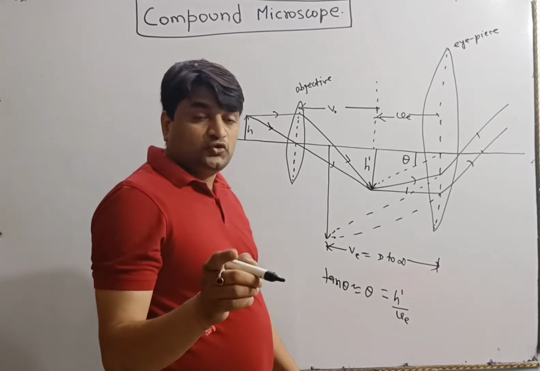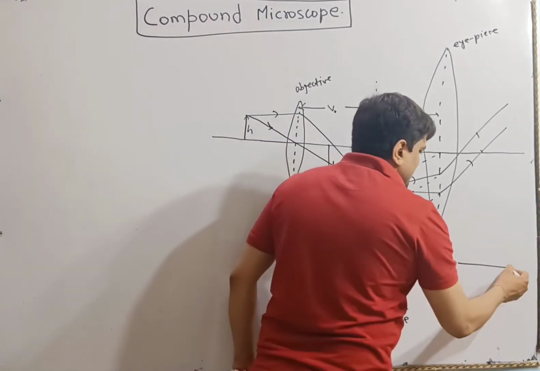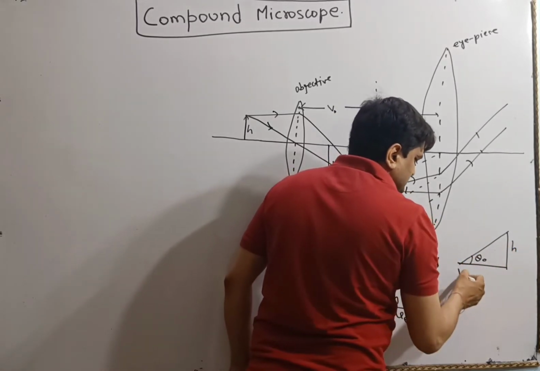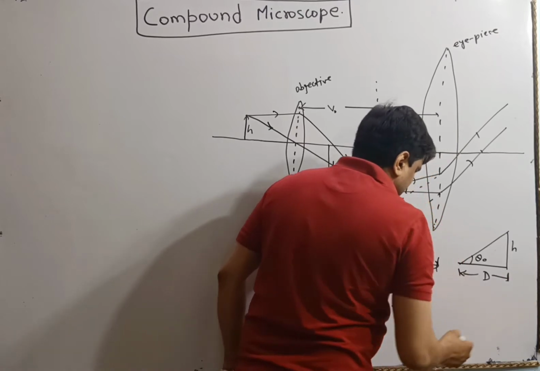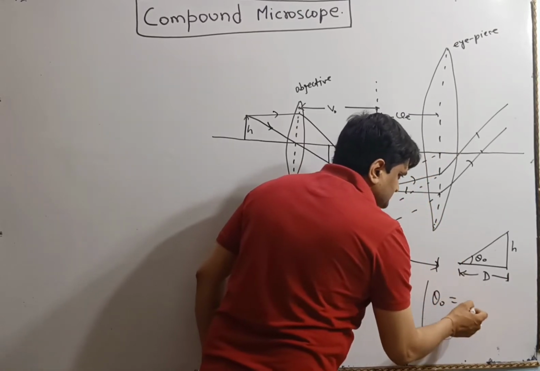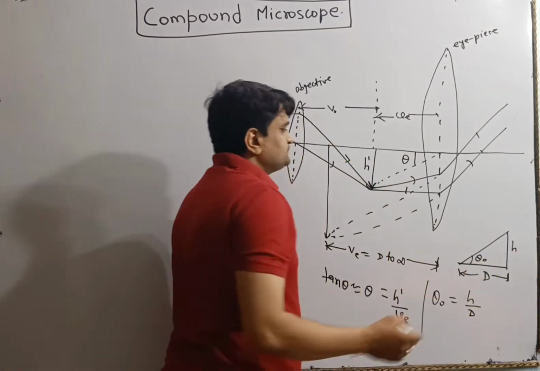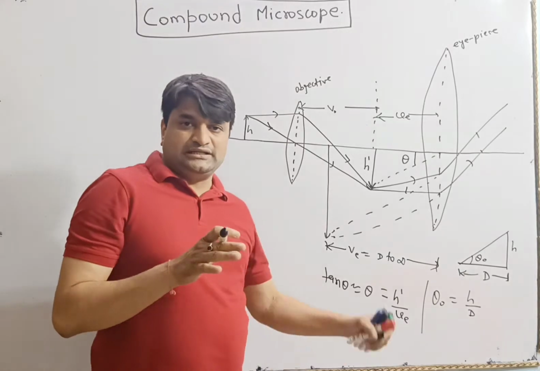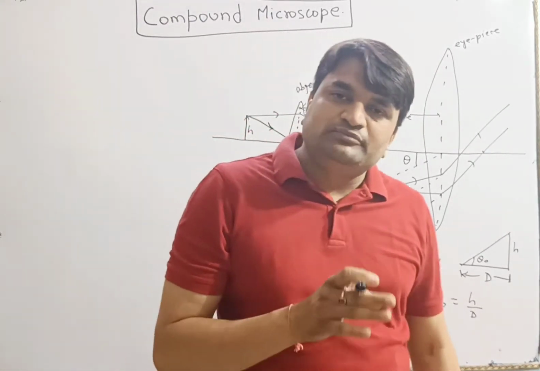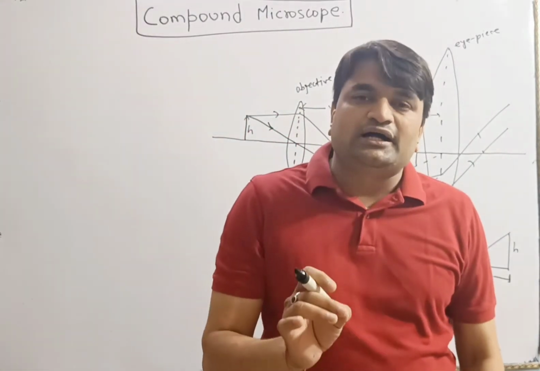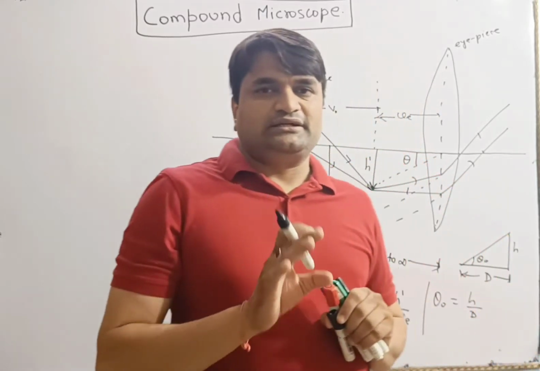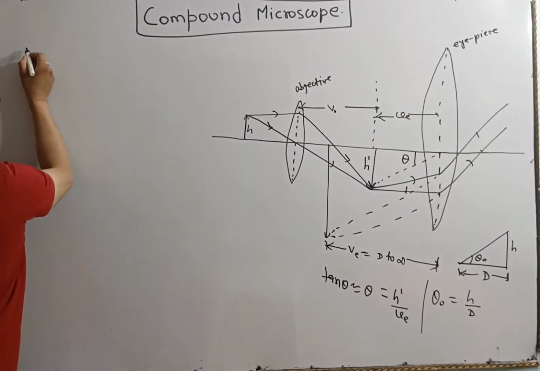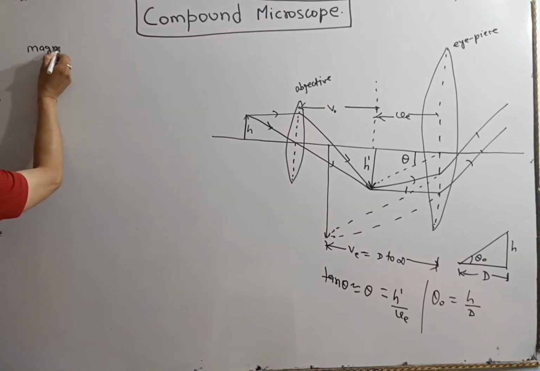And from simple microscope we know that theta naught is h upon D. Now the main purpose of this instrument, compound microscope, is to increase the angular magnification, and so we will calculate the magnifying power. First derivation is magnifying power.